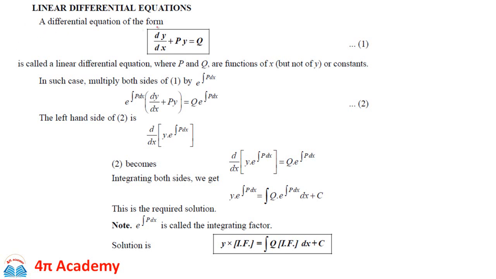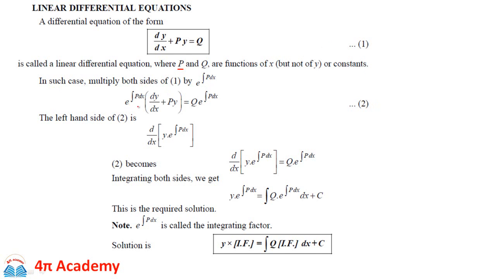So a differential equation of the form dy by dx plus py is equal to q is called a linear differential equation, where p and q are functions of x but not of y, or they may be constants. In such a case, multiply both sides of this equation 1 by e raised to power integration of p dx.